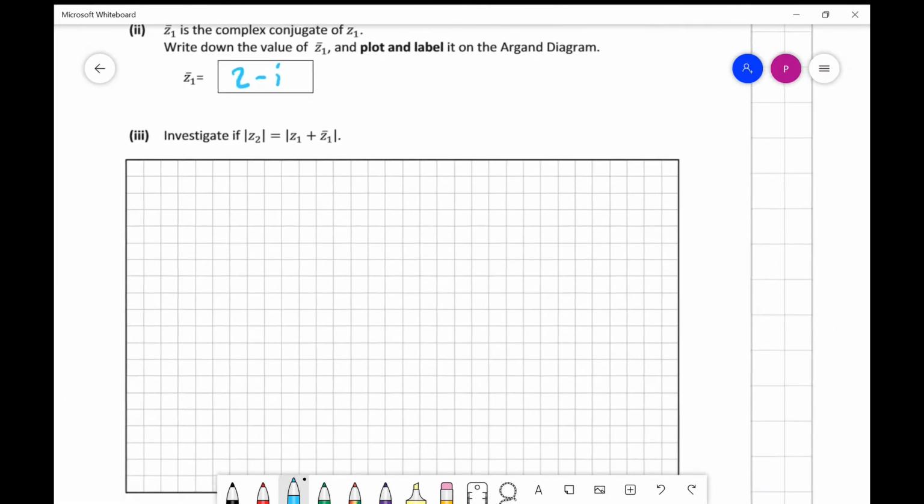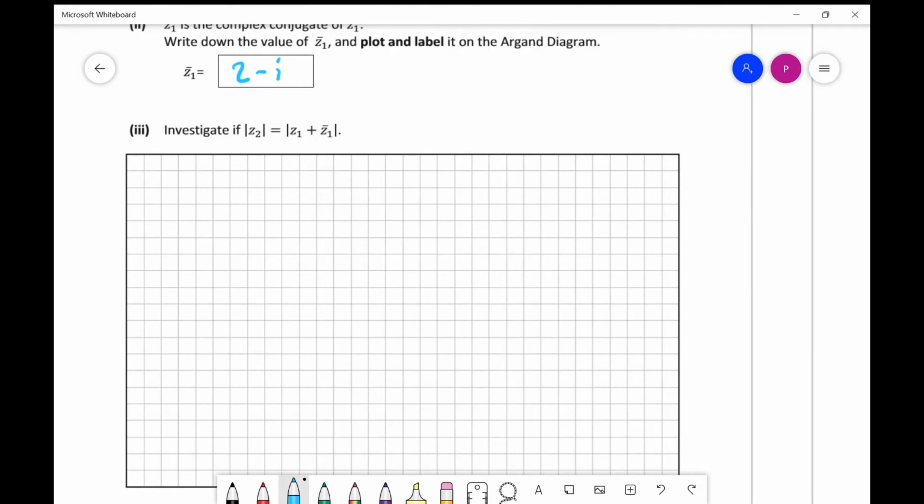Part 3. Investigate if the modulus of Z2 is equal to the modulus of Z1 plus Z1 hat. So we're going to create this situation. Now we know that Z2 is 4 plus 2i.